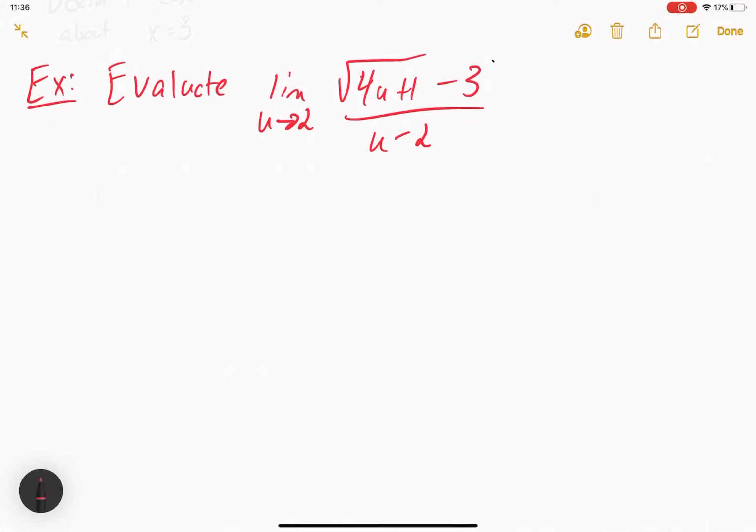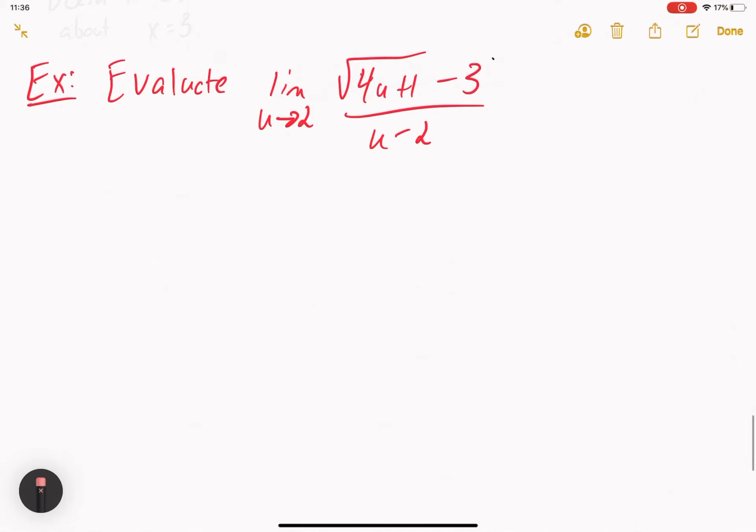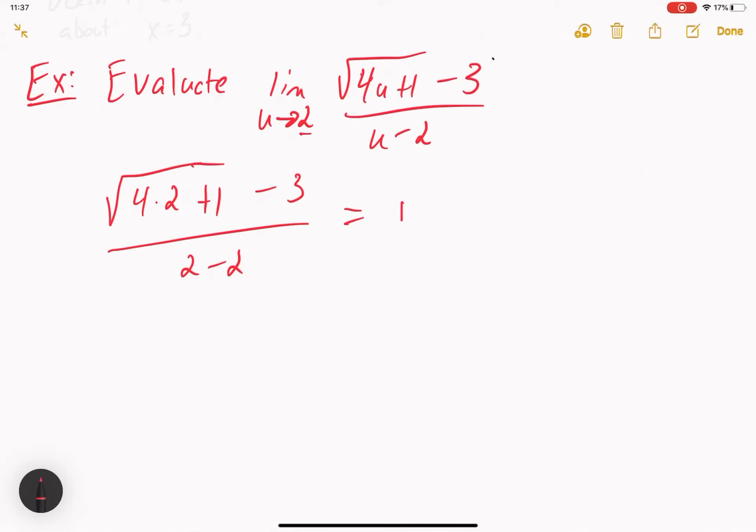And again, this isn't a polynomial, and even if we wanted to plug in 2, what we get is the square root of 4 times 2 plus 1, minus 3, over 2 minus 2, which is just equal to the square root of 8 plus 1 minus 3 over 0.